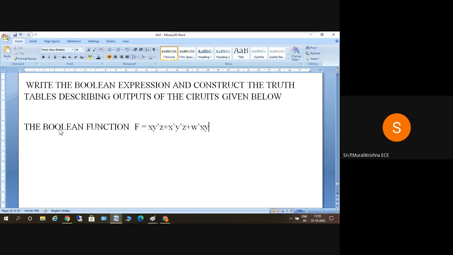They're not complex, they're lengthier ones. Plus w x bar y and w x y. Okay, so for this Boolean function, obtain the truth table.